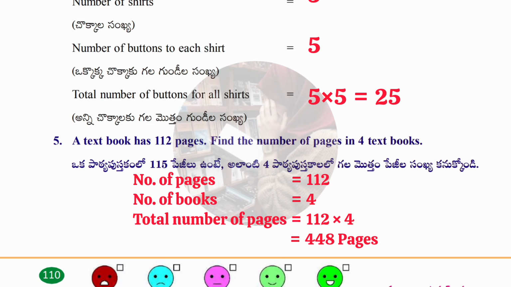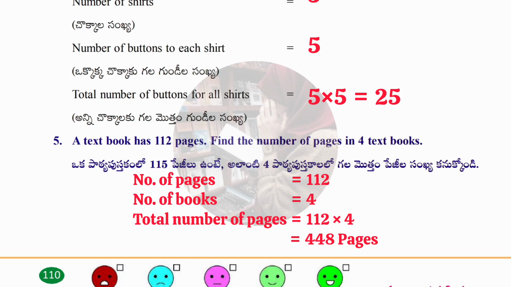So number of books are 4, means 4 textbooks are there. So now we have to find the total number of pages for 4 textbooks, means 112 multiplied by 4. So do the multiplication. 4 2s 8, 4 1s 4 and 4 1s 4. So total how many pages we have? 448 pages. Write down the answer.